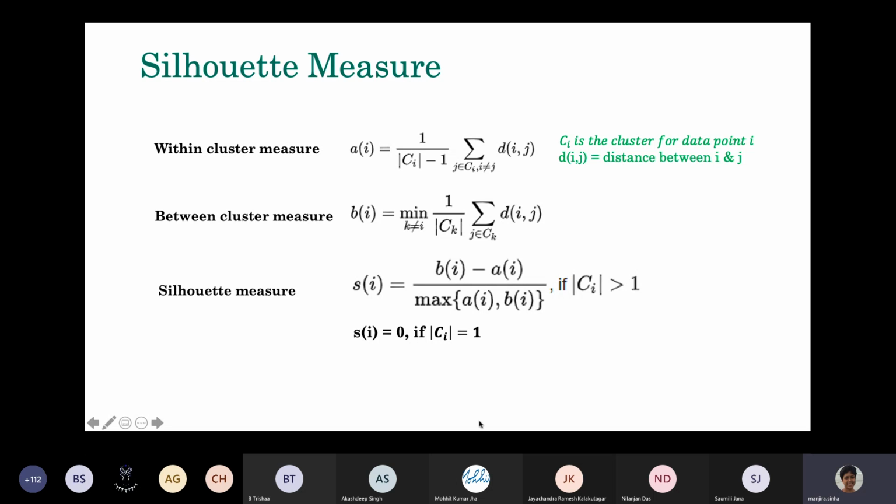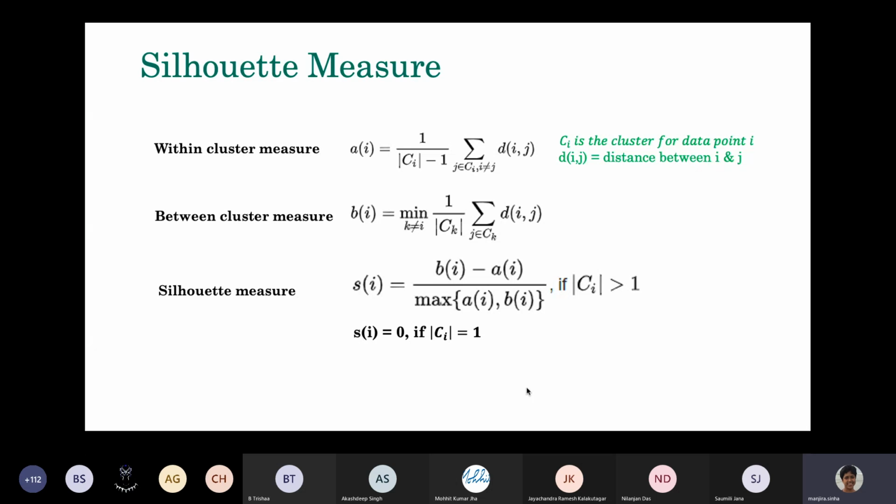This is not following from the equation; it is my criteria for isolated data points, because either the data point is an outlier or the clustering is not done appropriately for it.